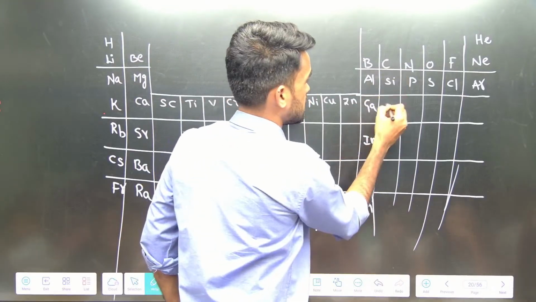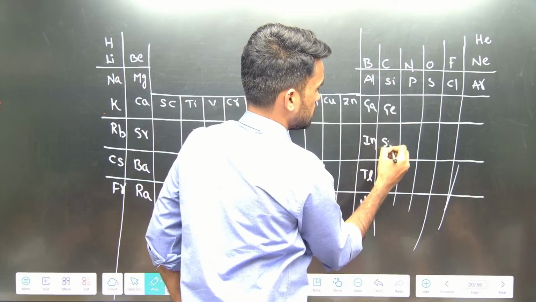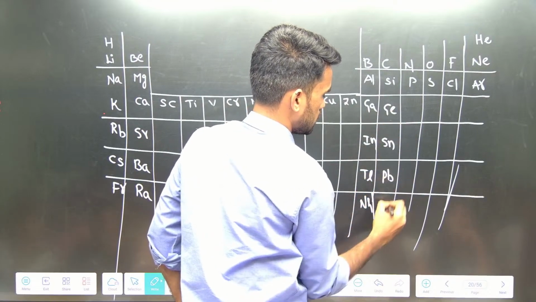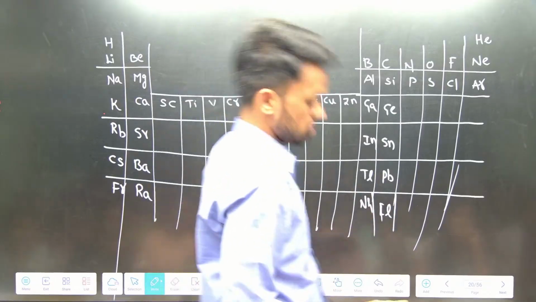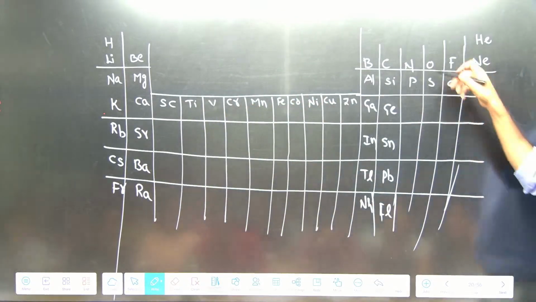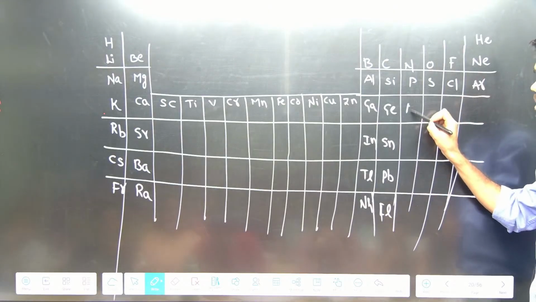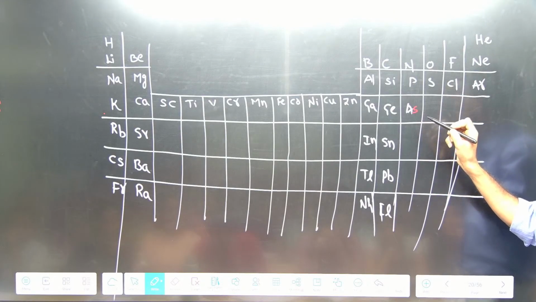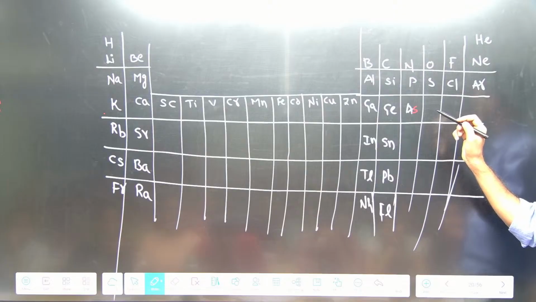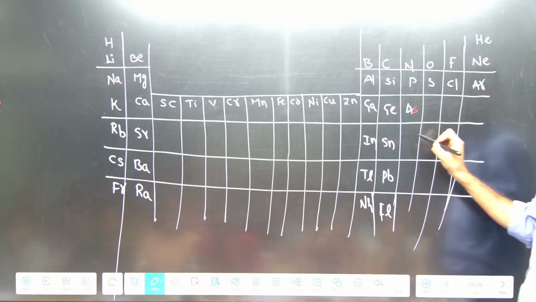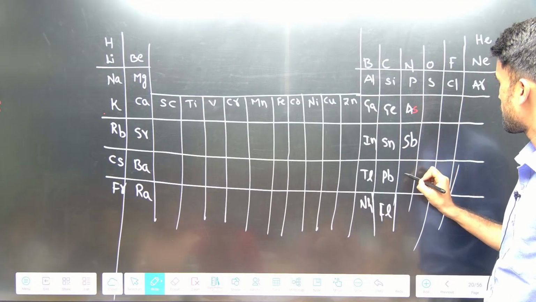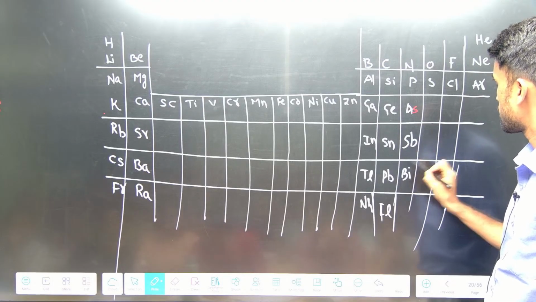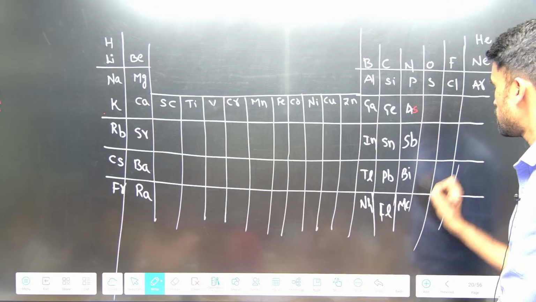Next, this one: carbon, silicon, germanium, tin, flerovium, Fl. Next, this one, arsenic. Next, moscovium, Mc.